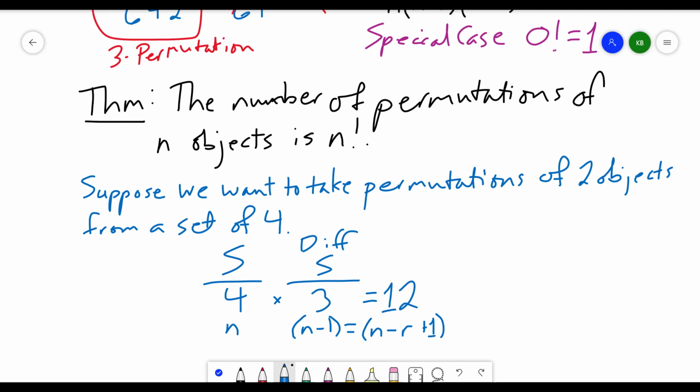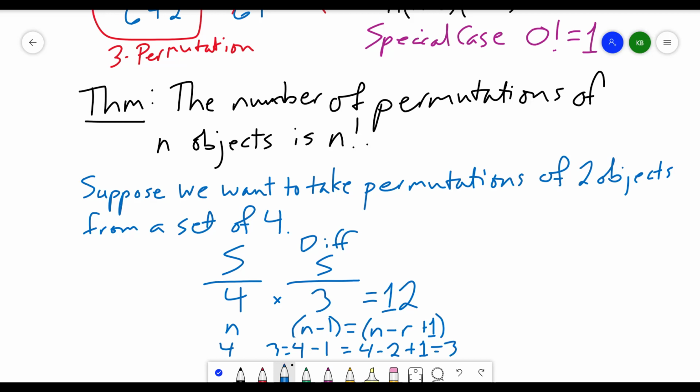So this was 4. This was 4 minus 1, which is going to equal 4 minus the 2 that we were choosing to be in our permutation plus 1. And if you notice, this side is 3, and this side is also 3.